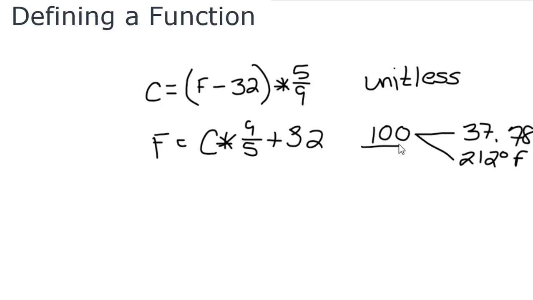So, unitless number. Now before we start a function, we have to determine what is the input to our function and what is the output or outputs of our function. So if we look at this particular function, we could tell that the input to this function is going to be the unitless number.